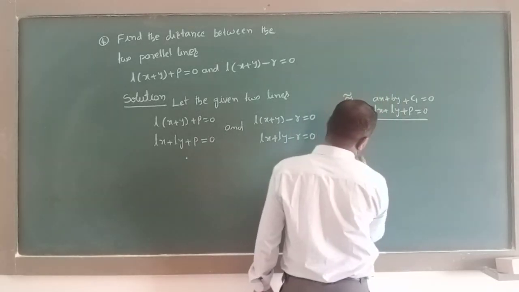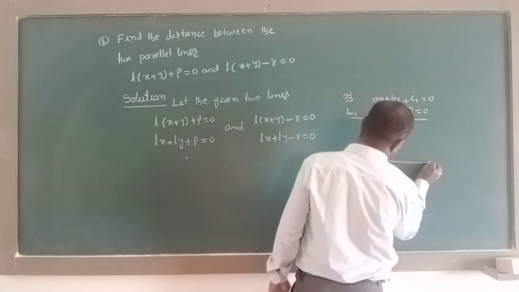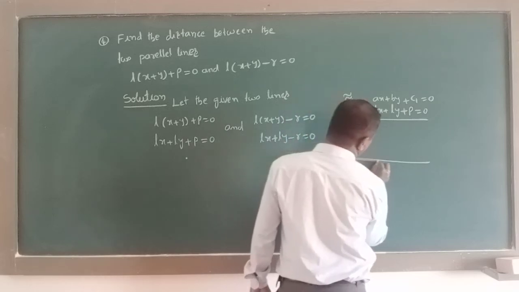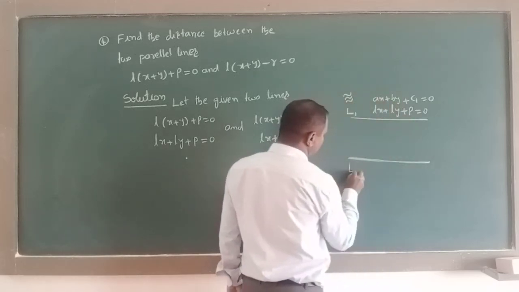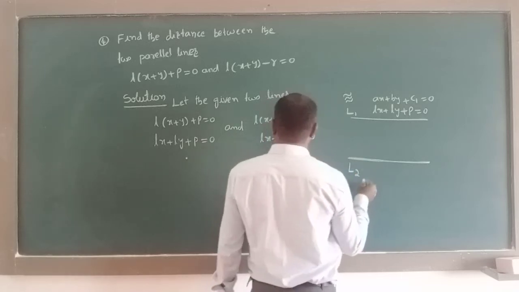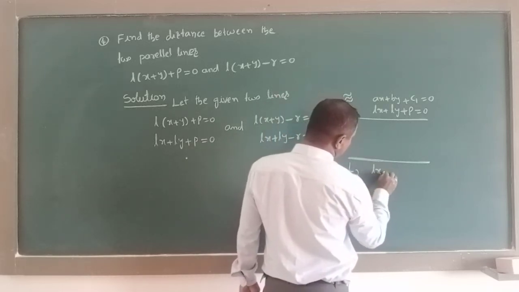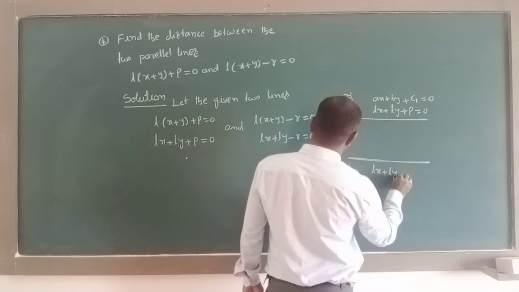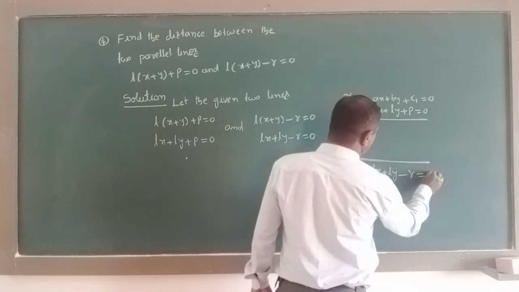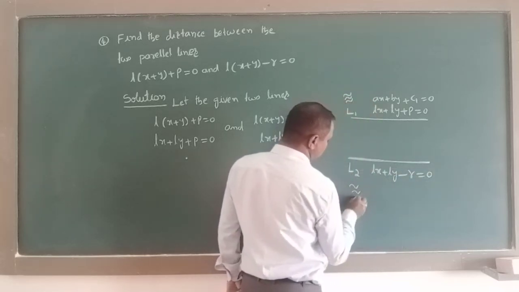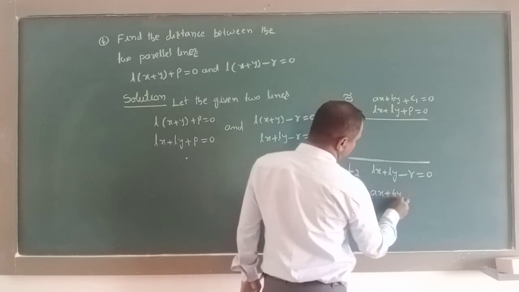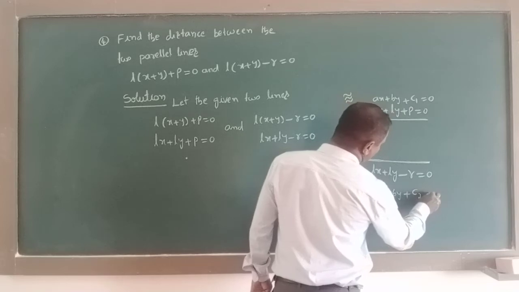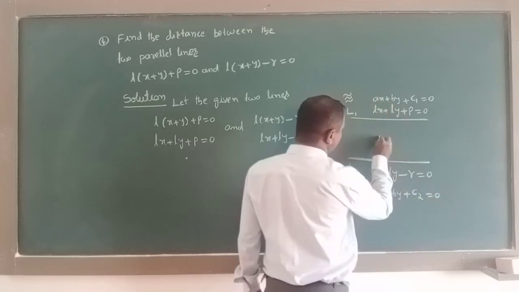At the same time, the second line L2, Lx plus Ly minus r is equal to 0, comparing with ax plus by plus c2 is equal to 0 here.